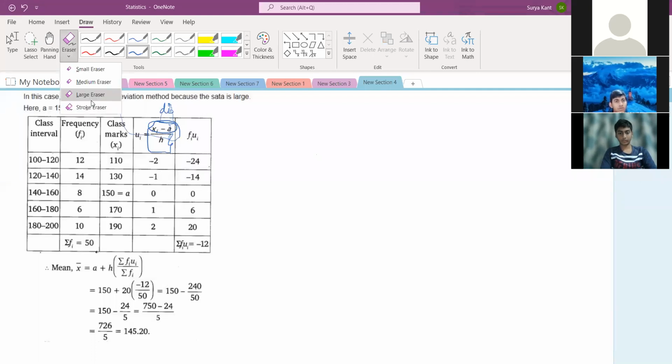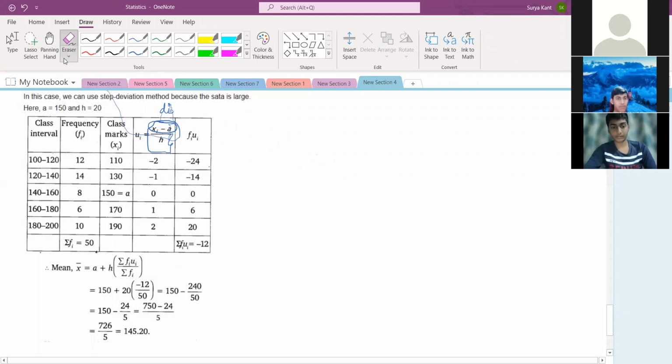Now see the formula: mean is a plus h times summation fi ui divided by summation fi. It's just simple after finding that ui.